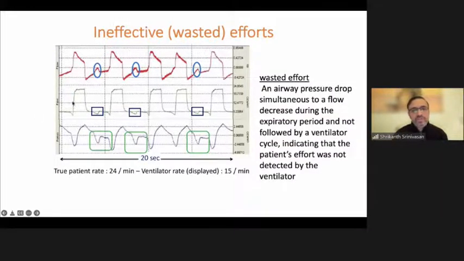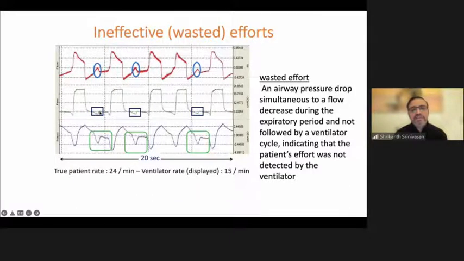But whether it is actually being translated onto a breath being delivered by the ventilator or not, you can make out by the flow time and the pressure time waveform. The flow time waveform just shows a small spike and there is no corresponding flow after this spike. This flow did not reflect onto a proper flow waveform, as we can see here.